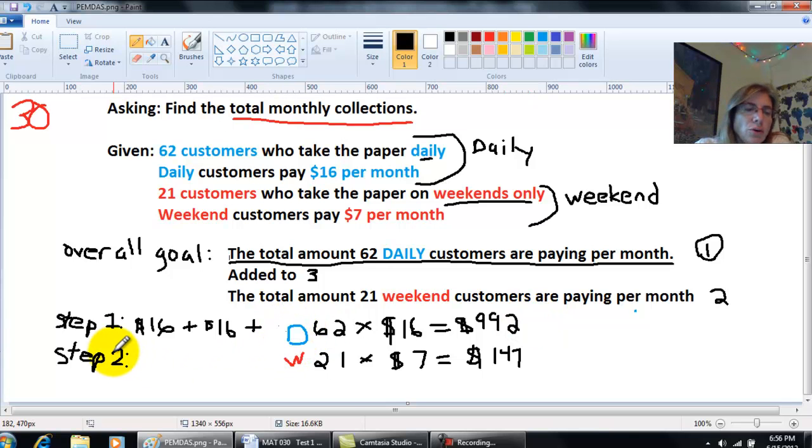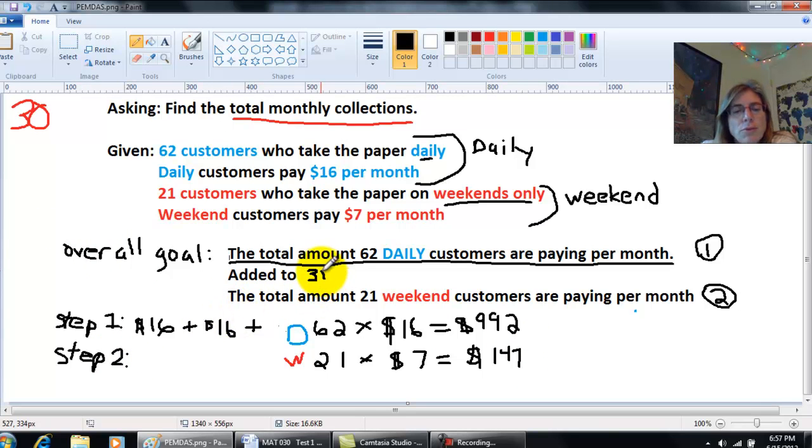And then in step 2, we had to figure out how much the 21 customers who take the paper on weekends only are paying total. So that means he's collecting 21 times $7 for the customers taking the paper on the weekend. So he collected these two amounts, and that brings us to our last step.